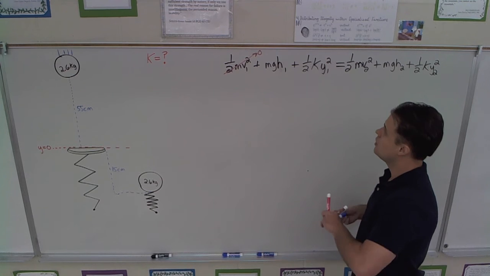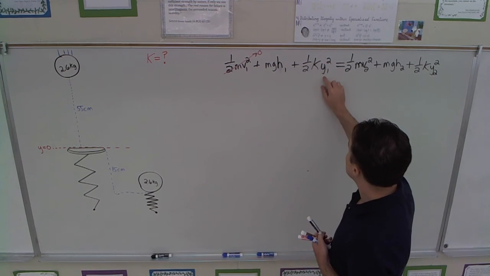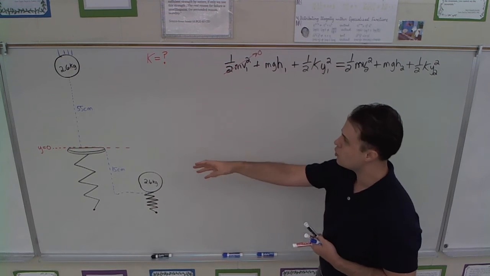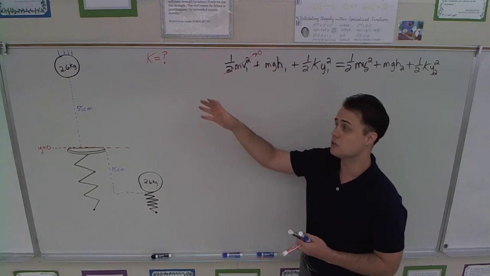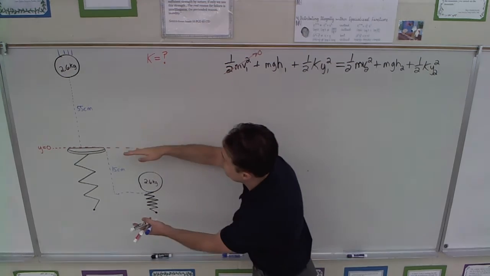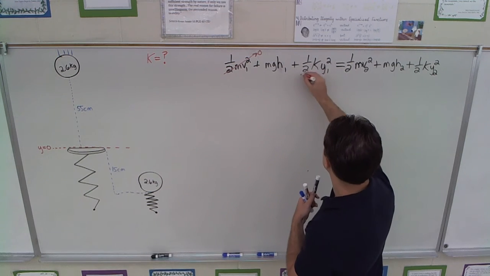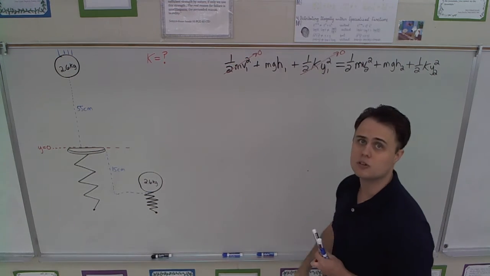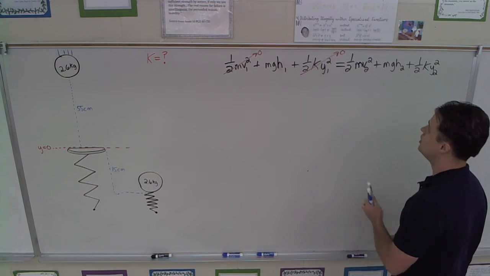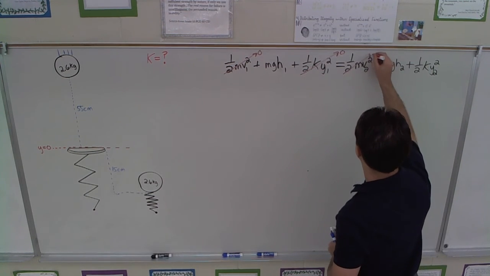Okay? Alright, so we agreed that the height is going to be 55 centimeters, but y1 has more to do with the spring than the ball at this point. It's the amount that the spring has been compressed, and at this point the spring hasn't been compressed, it's right there at 0. So you can see that this term is also going to go to 0 because of the spring not being compressed at all. When we land over here, I think the velocity is going to go to 0 again.